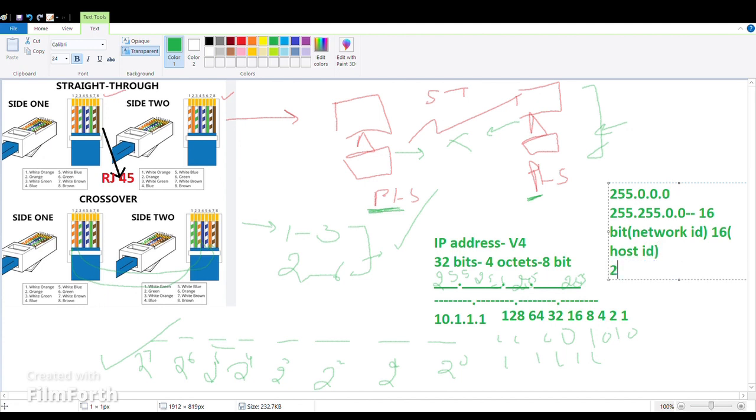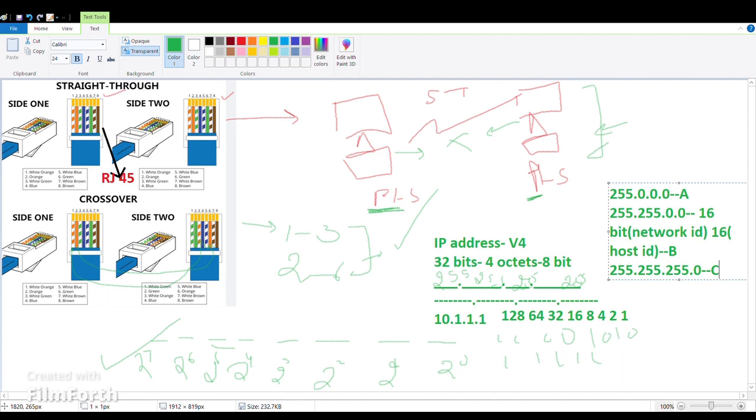Similarly, 255.255.255.0 means 3 octets, 24 bits, are network ID and 8 bits are host ID. These are the 3 classes: this is class A, this is class B, and this is class C.